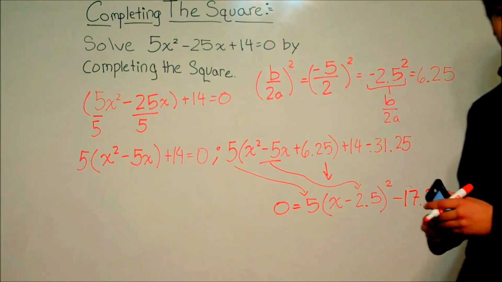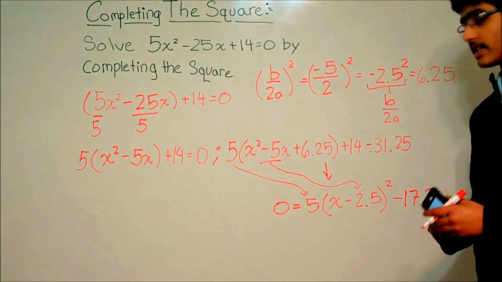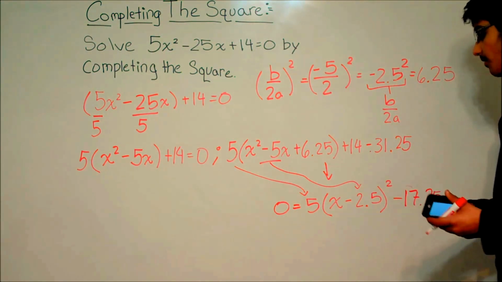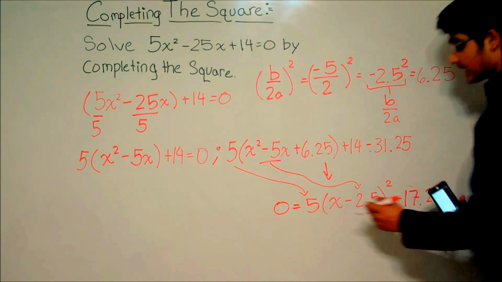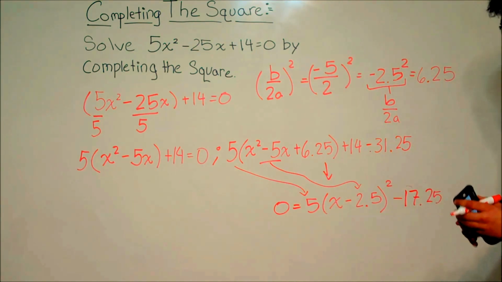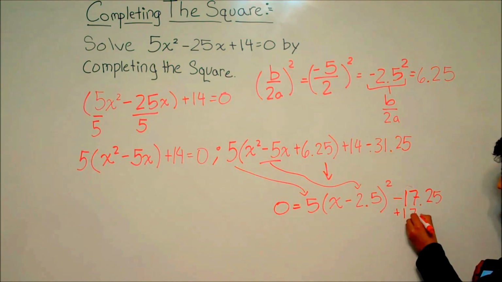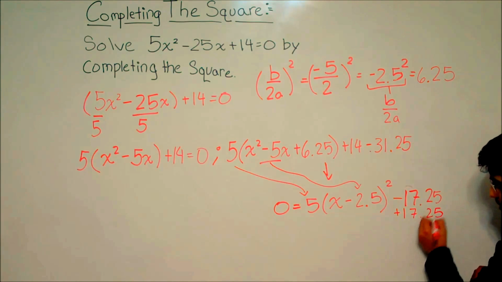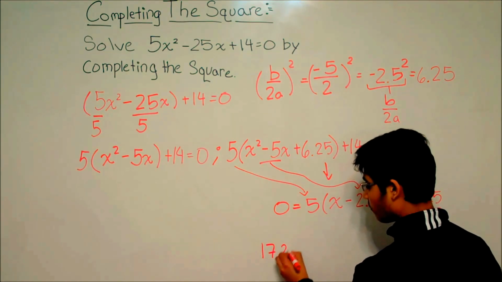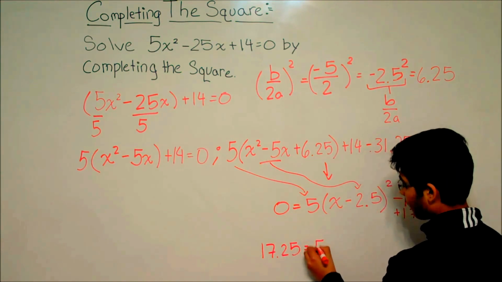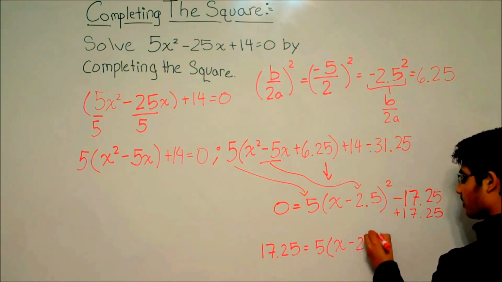Now, in this problem, we have to solve this. When we see the word solve, we need to find what the zeros are, or what x equals. So to do that, we have to first add 17.25 to both sides. When we do that, we get 17.25 equals 5 times, in parentheses, x minus 2.5, squared.